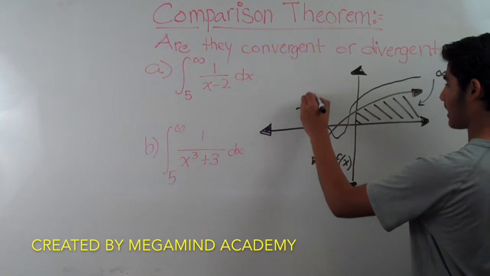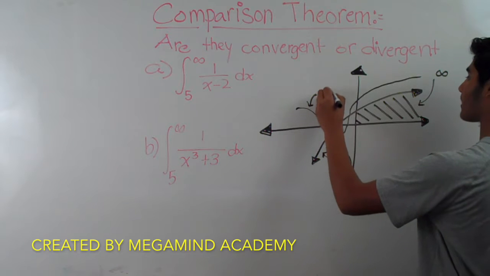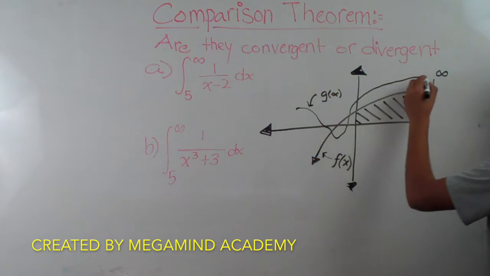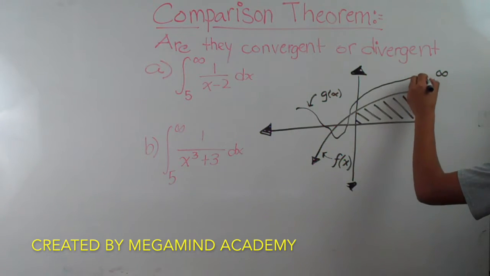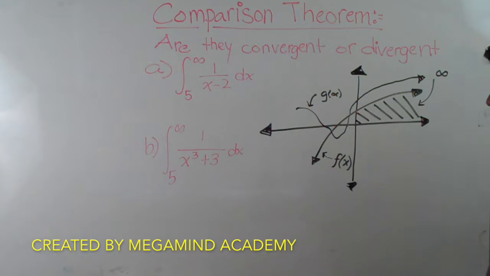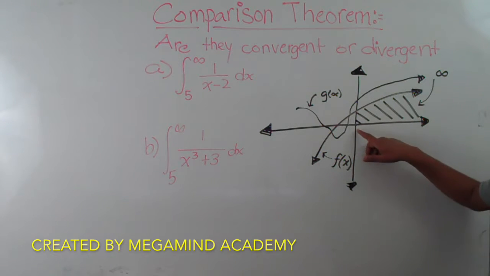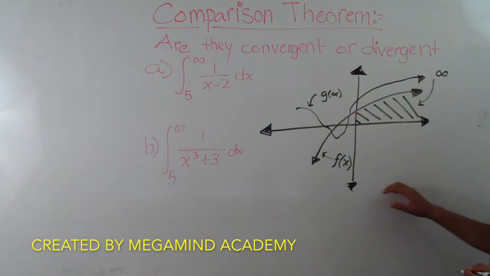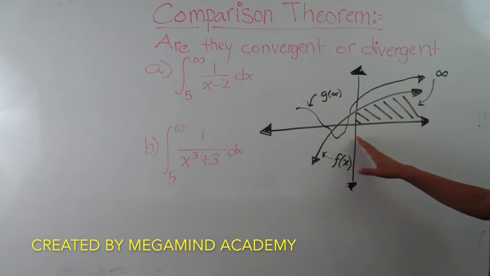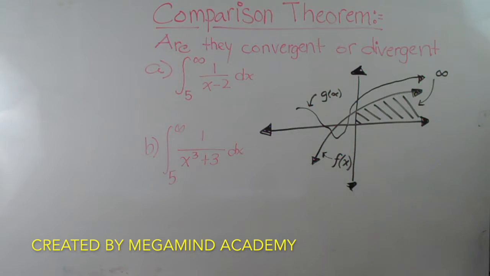This new function, let's say, is now g of x. So this g of x is greater than f of x on the interval from 0 to infinity, so it has to be greater than f of x from 0 to the other bound of the interval, infinity.